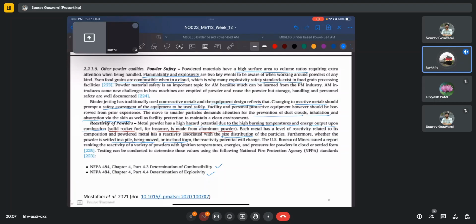The orientation and the recoater blade: in mass production, you have to keep the part at some angle in the SLM, because the recoater blade will strike and hit the part. That's the only reason they keep the parts at some angle.